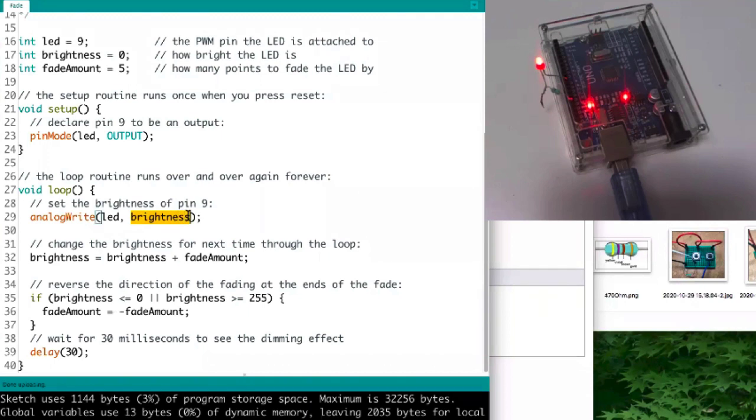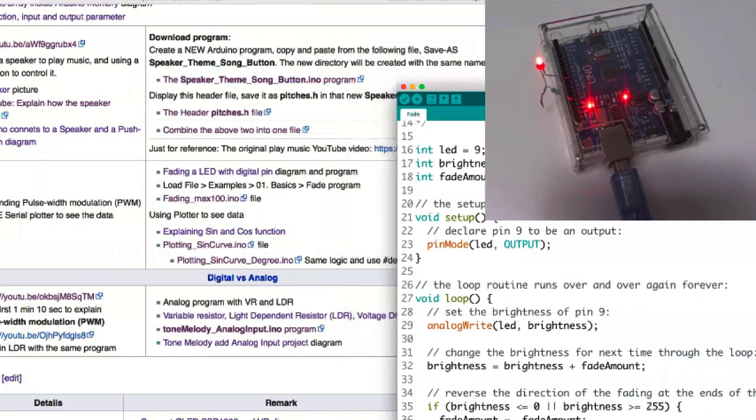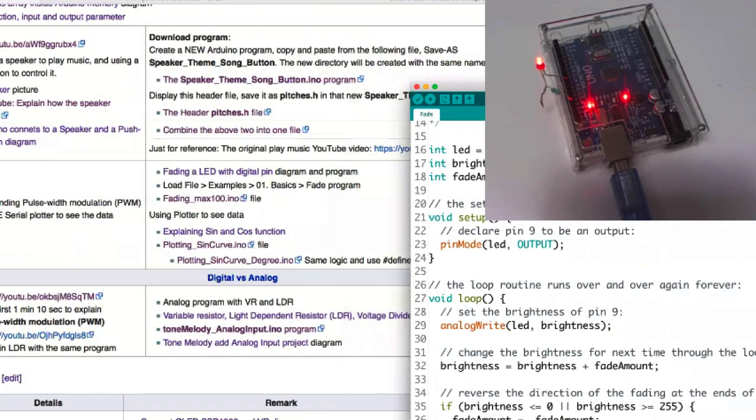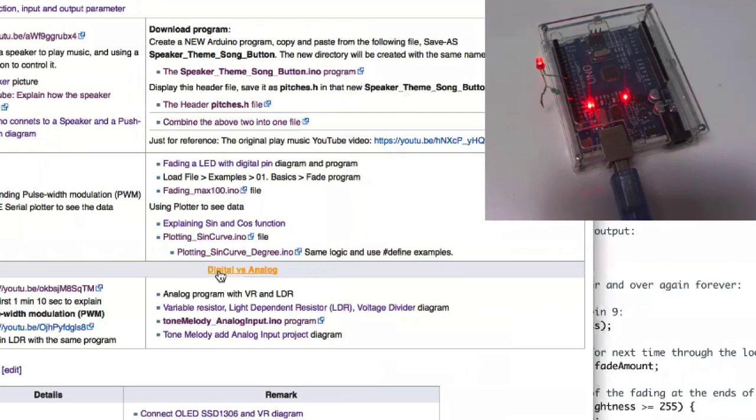But in this program, I am using analog write, just the value, and then the LED goes brighter or dimmer according to this value. But remember, an LED is only on and off, okay? So let me draw a chart to show what is going on.